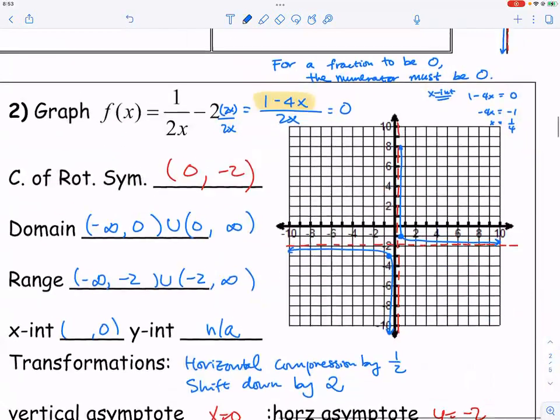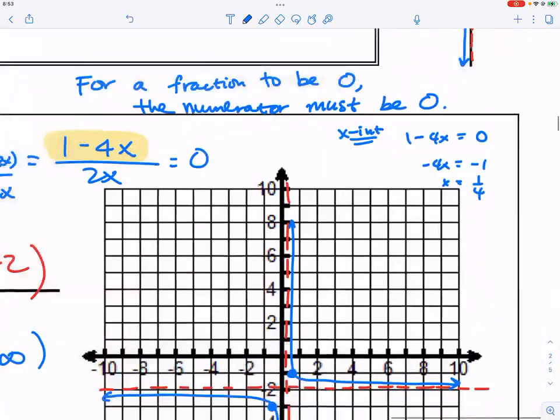And by the way, when you find your x-intercept, it has to match reality. If you somehow forgot the negative sign and got -1/4, I hope you would stop yourself and say, wait, my graph doesn't show that. Something must be wrong. Either my graph is wrong or my calculation is wrong.